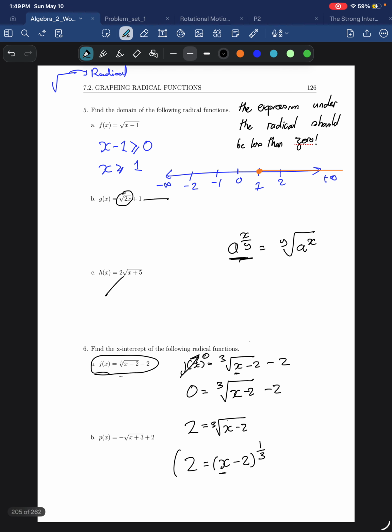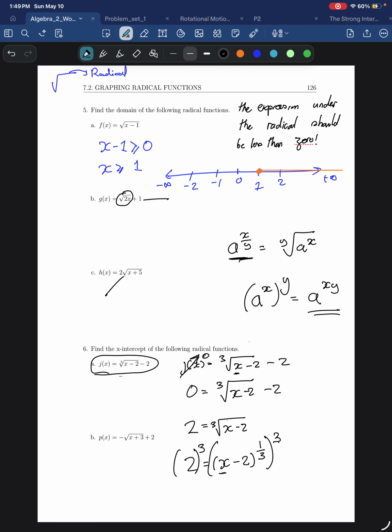I'm going to raise both sides to the power 3. And why 3? Because I want to get rid of this 1 over 3 here. I can use the rule that if I have a to the power x, to the power y, this is equal to a to the power x times y. That rule always works.